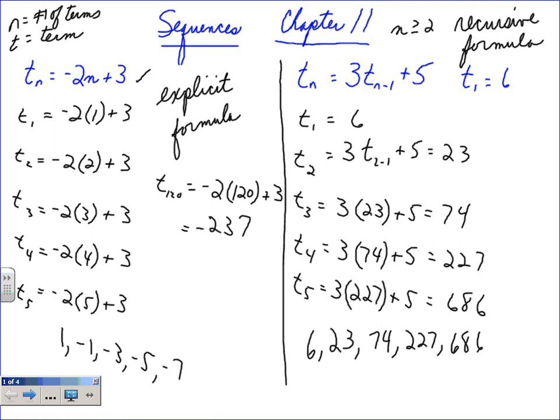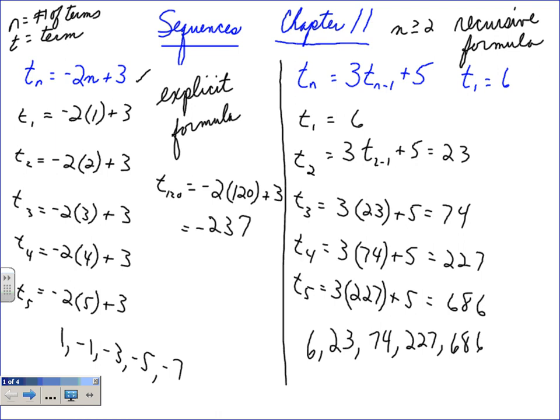A recursive formula is not, I guess it's not very useful right now. An explicit formula, no problem. You could just plug in that number for n. But in a recursive formula, you need the term right before it. Okay? All right. It's probably going to be a fairly large number. So it has its limitations, the recursive formula.